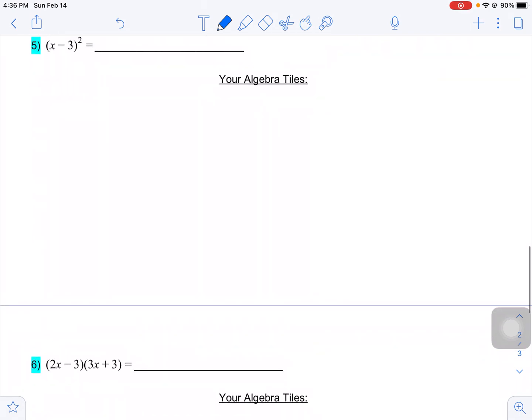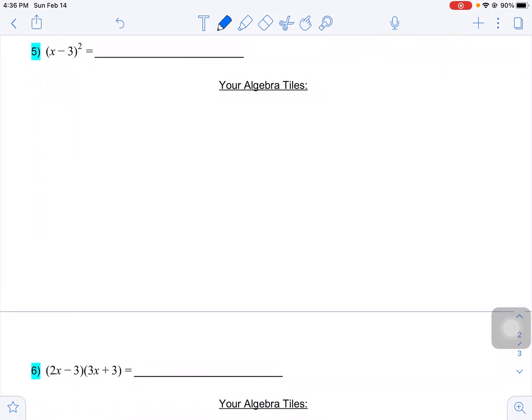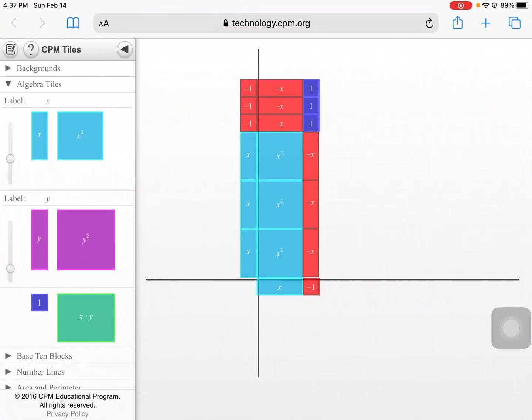This next one doesn't show us the problem written out, but when you have x minus 3 and then that quantity is squared, you need to think about that as this whole thing multiplied by itself. So over on our algebra tiles website, we're gonna take x minus 3 times x minus 3, because that's what it means, x minus 3 squared.